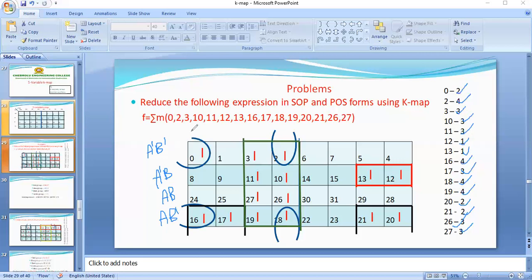And similarly here we have to write C bar, D bar, E bar. Like that you have to write. So see here, we have the minimized Boolean expression.